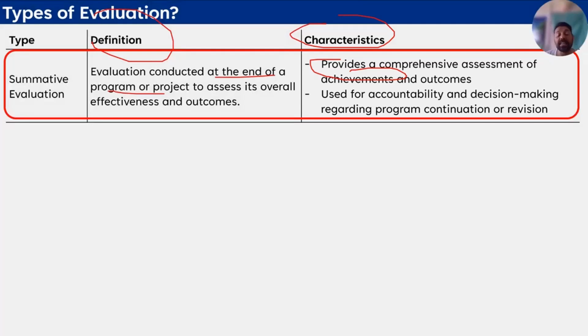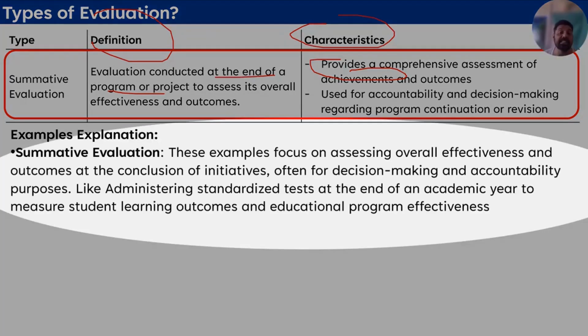For example, as we discussed, the summative evaluation is conducted at the end. It provides you information on whether we should continue these interventions or not, or if some revision or modification is required. Such information you can obtain through summative evaluation. These examples focus on assessing overall effectiveness and outcomes at the conclusion of initiatives.